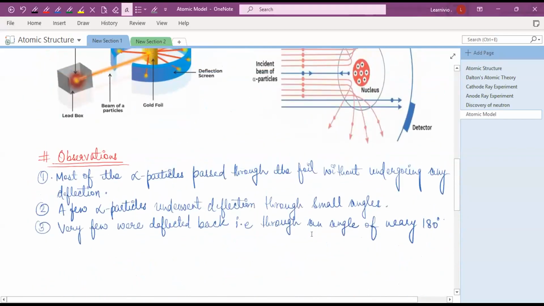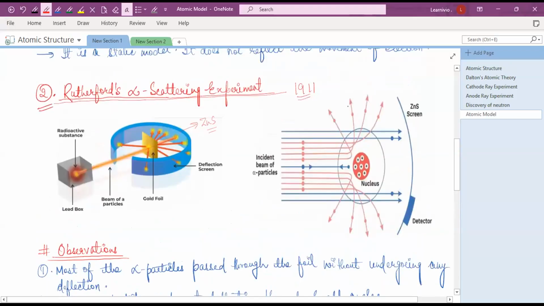You can see in this second figure the incident beam of alpha particles. Some particles are just repelled and come back this way, and most of the alpha particles pass through the foil without undergoing any deflection, meaning 98%, 99%.